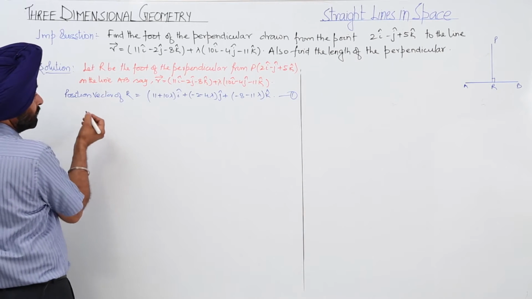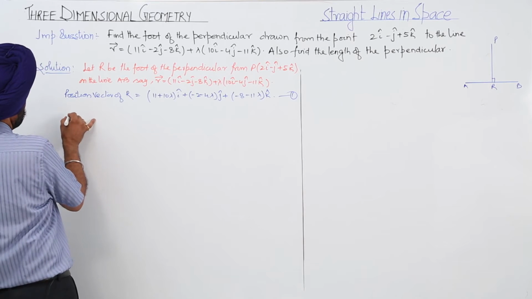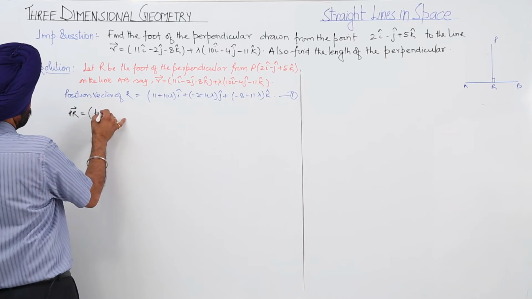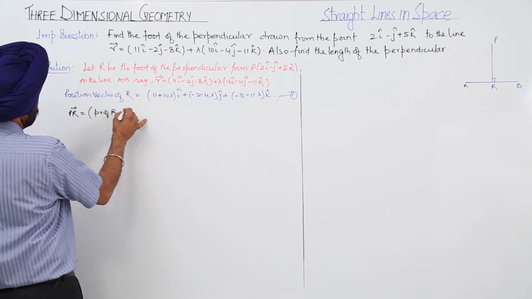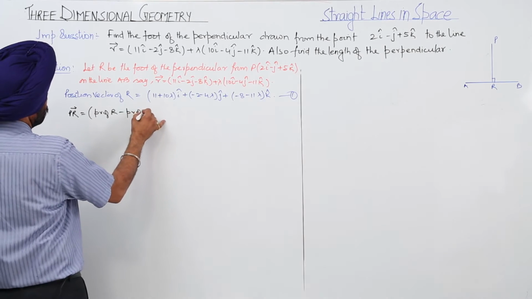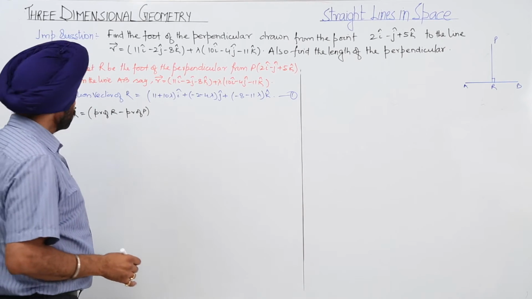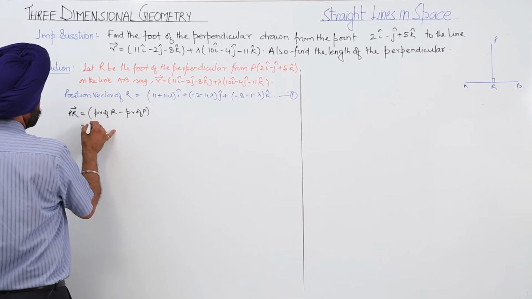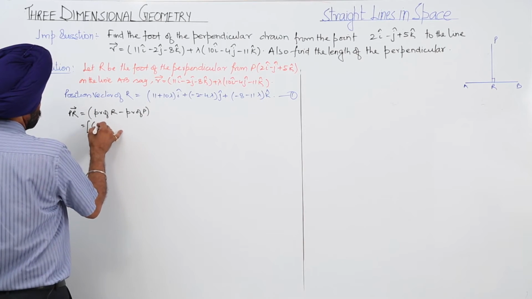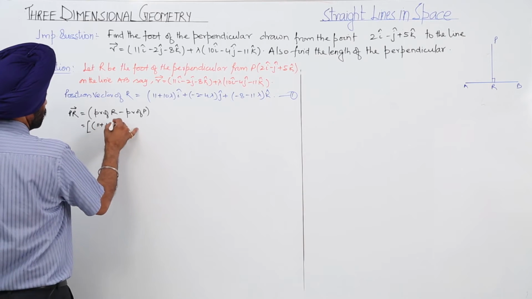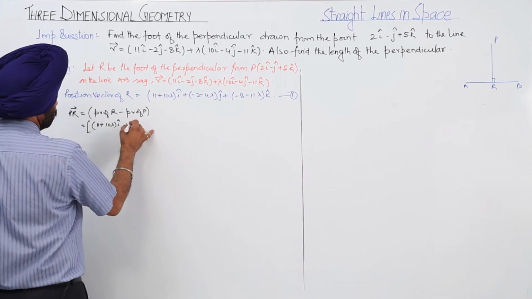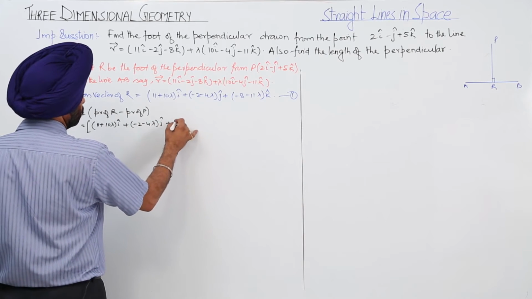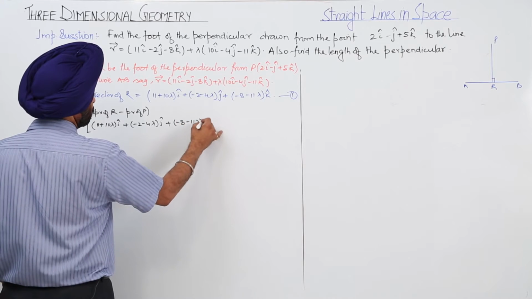Now vector PR is equal to position vector of R minus position vector of P. Position vector of R we have already got. This is equal to 11 plus 10 lambda i cap plus minus 2 minus 4 lambda j cap plus minus 8 minus 11 lambda k cap.